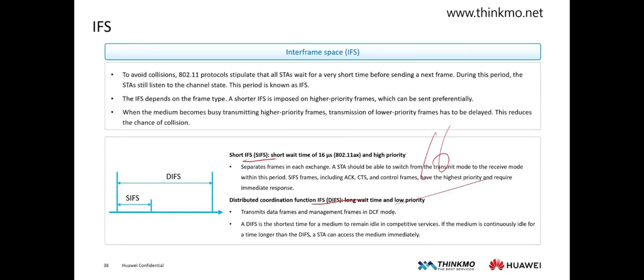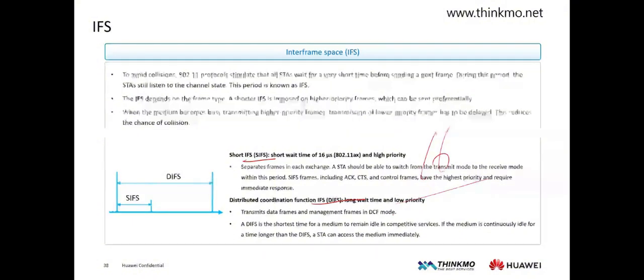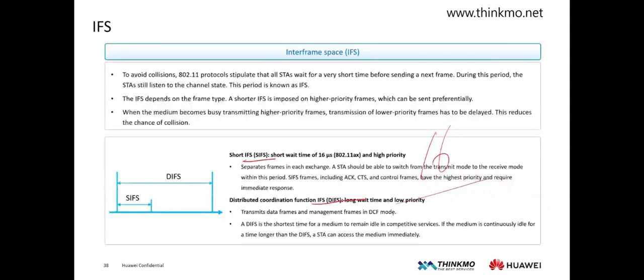Well, in the RTS/CTS process, when a terminal wants to send data, it first sends an RTS frame to request channel occupation. After the AP receives it, it sends a CTS frame in response. Through these control frames, other terminals will remain silent after receiving the CTS frame. This mechanism is particularly important in our multi-user scenarios, especially when the network load is high.